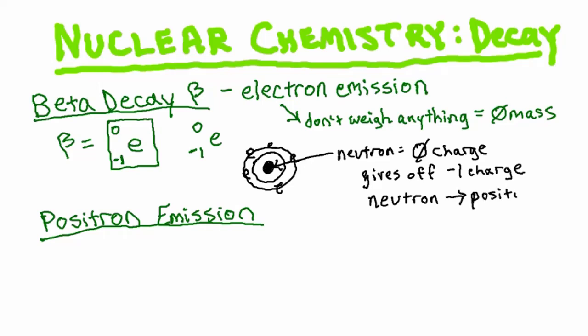Now, what is a positive neutron? Because by definition, a neutron is neutral. A neutron has no charge. So what happens when a neutron gives off a negative charge and it becomes positive? Well, that turns the neutron into a proton.